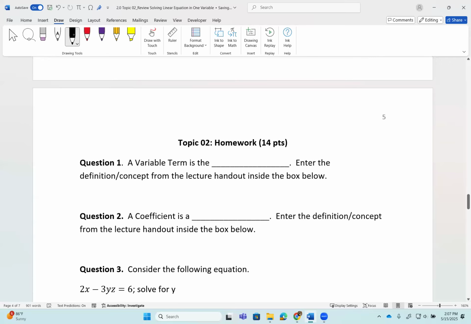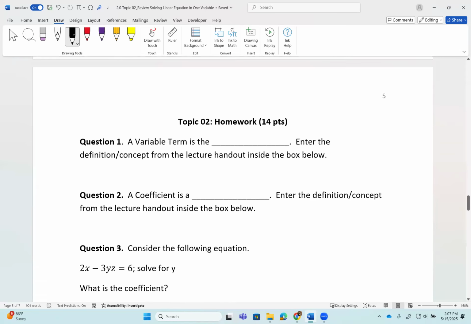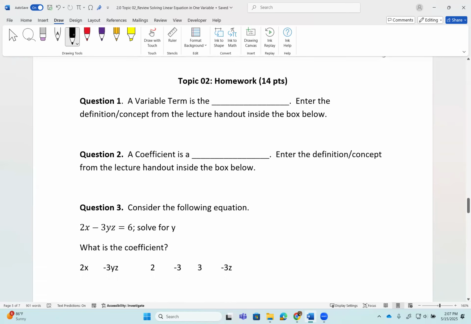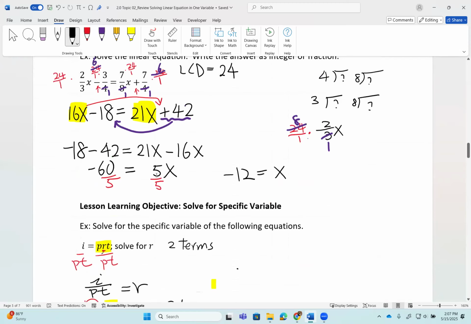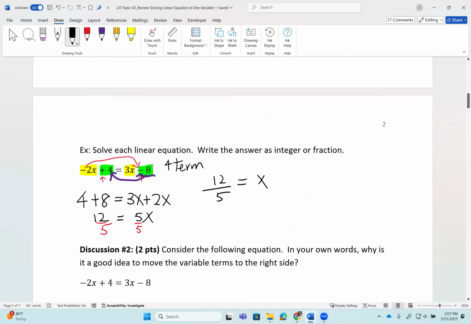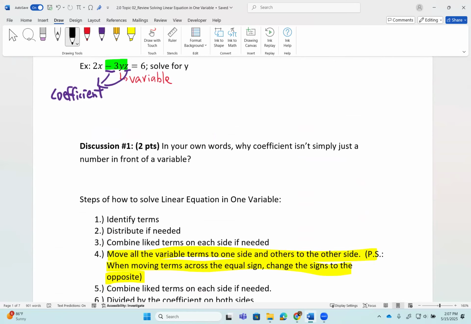All right, so let's talk about homework. A variable term is the term that contains the variable that is being solved. You can just write down what's on the lecture handout for this one. Question number 2, a coefficient is a what? If you go back to the first page of this lecture handout, a coefficient is a factor inside the variable term that is not the variable.